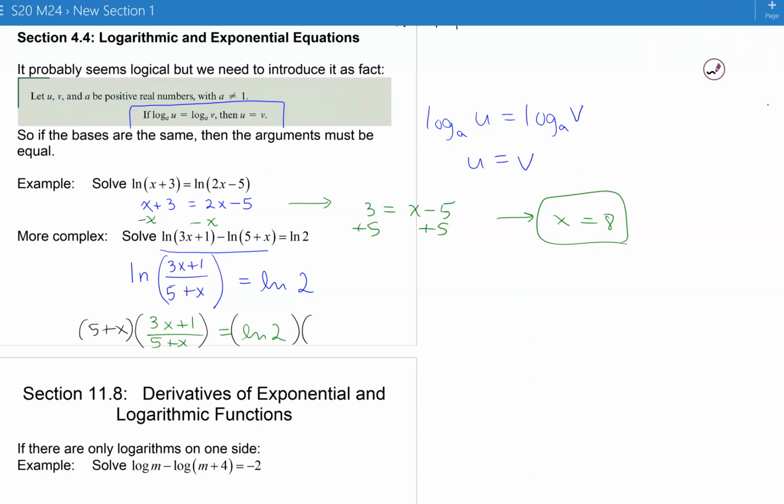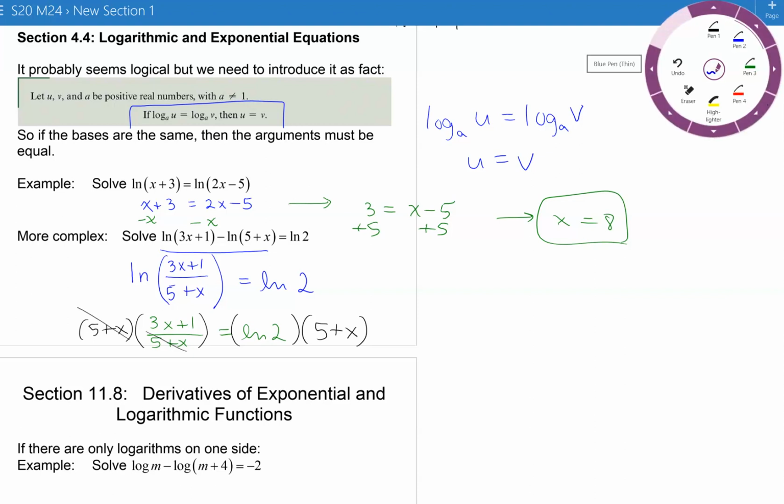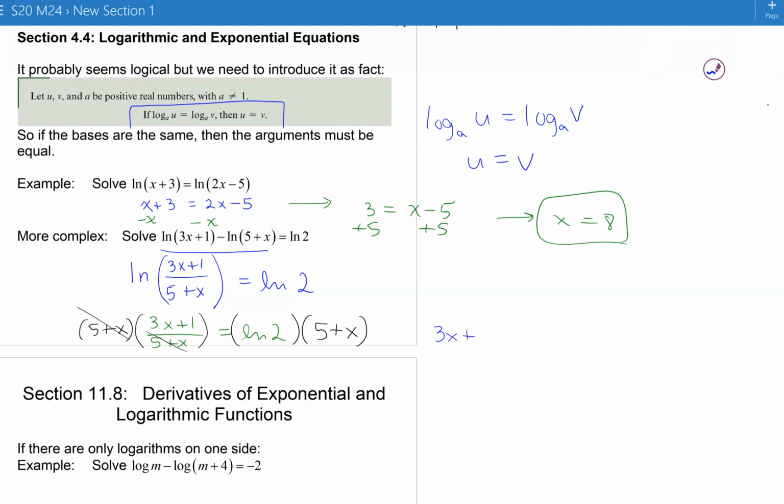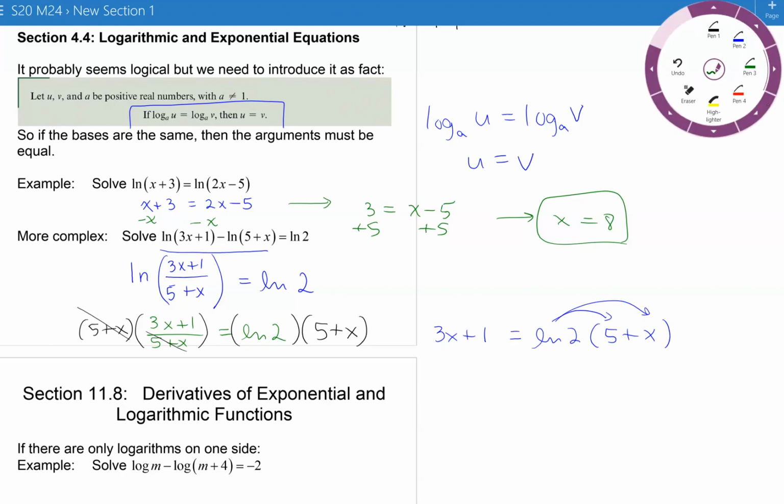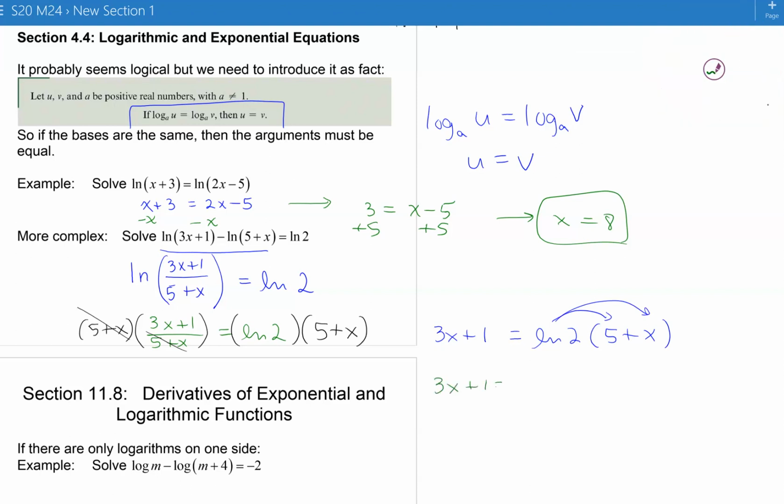So to solve this, we need to multiply by the 5 plus x. If what you're trying to solve for is ever in a denominator, you always need to multiply by the denominators. So on the left, they're going to cancel, and you'll have 3x plus 1 equals the ln of 2 times 5 plus x. And then we need to distribute and get 3x plus 1 equals 5 times the ln of 2 plus x times the ln of 2.